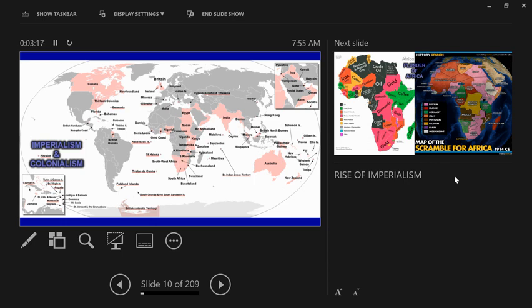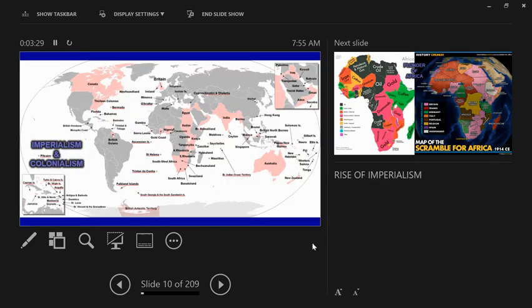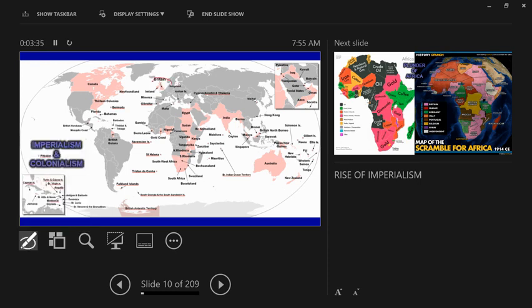I've shown you this map before. This is the British Empire. You can see this small little country of England up here. That small country of England, and then all these other pink parts are colonies of England.